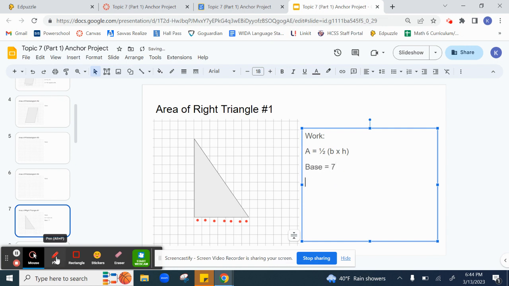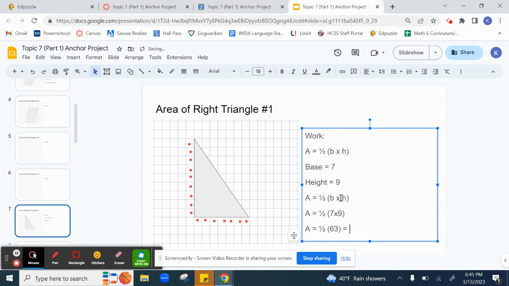Now let's count our height. 1, 2, 3, 4, 5, 6, 7, 8, 9. So our height equals 9. All right. So now let's put that into the formula. Area is 1/2 of the base times height, because triangles are divided by 2 since they are half of a rectangle. 1/2 of 7 times 9, which is half of 63.